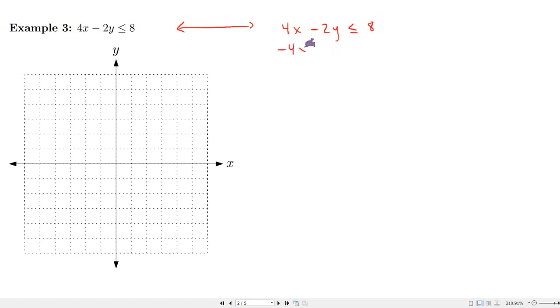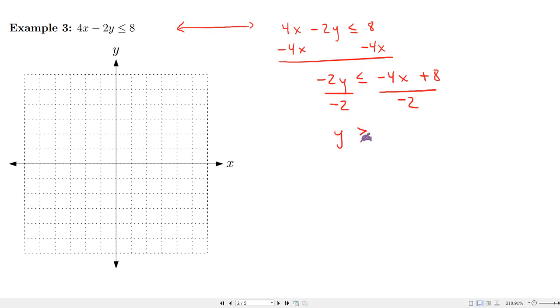Subtract the 4x over, trying to isolate the y. So you have minus 2y less than or equal to minus 4x plus 8. Divide both sides by negative 2. And remember, dividing by a negative, we have to swap the inequality. So y is now greater than or equal to negative 4 over negative 2 x plus 8 over negative 2. So this is y is greater than or equal to positive 2x minus 4.